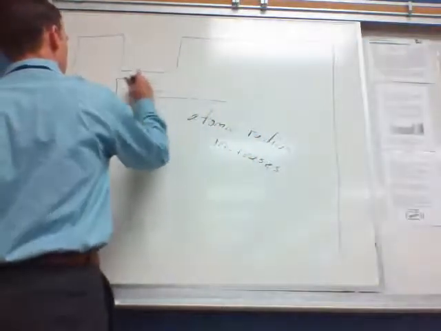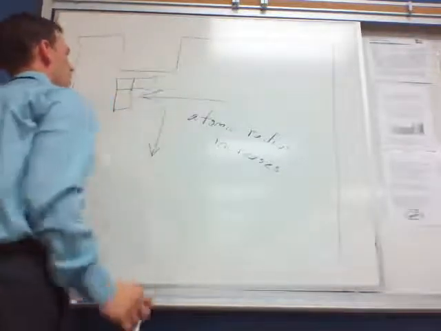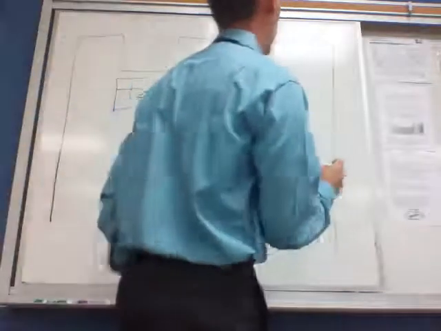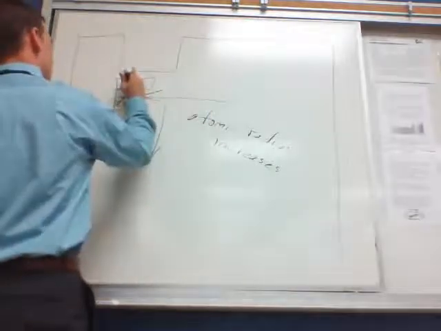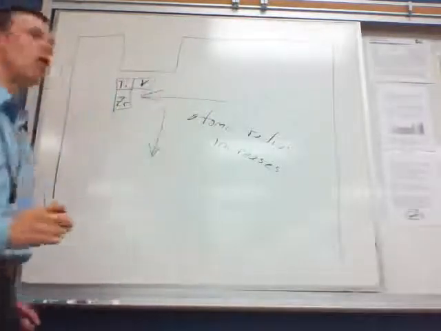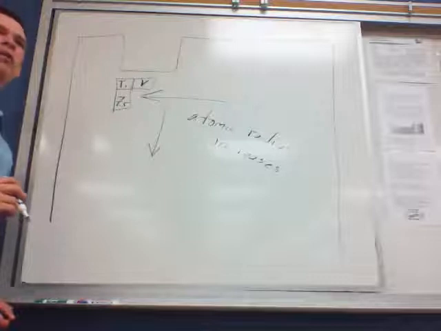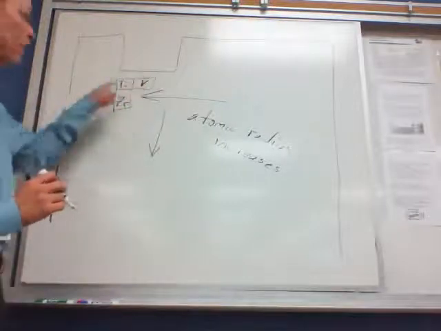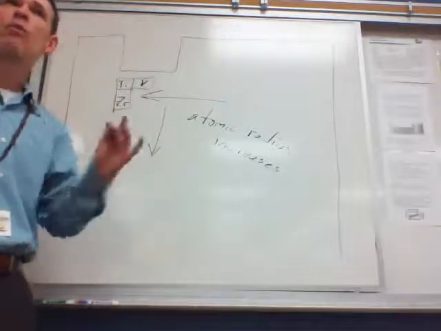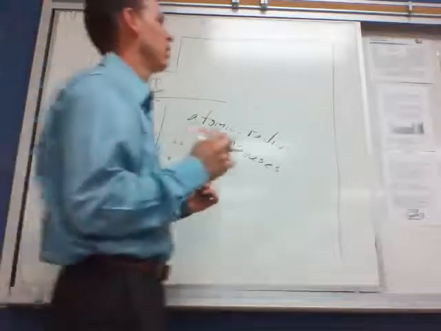All right, those elements are located right here. What did I say? Zirconium, titanium, vanadium. Which one has the largest atomic radius? Zirconium. Of the three, he's the furthest left and down, right?